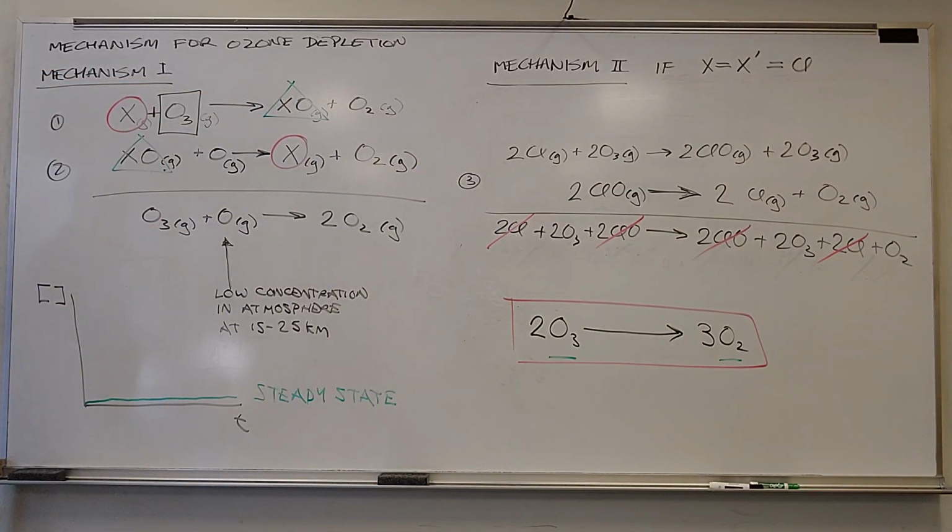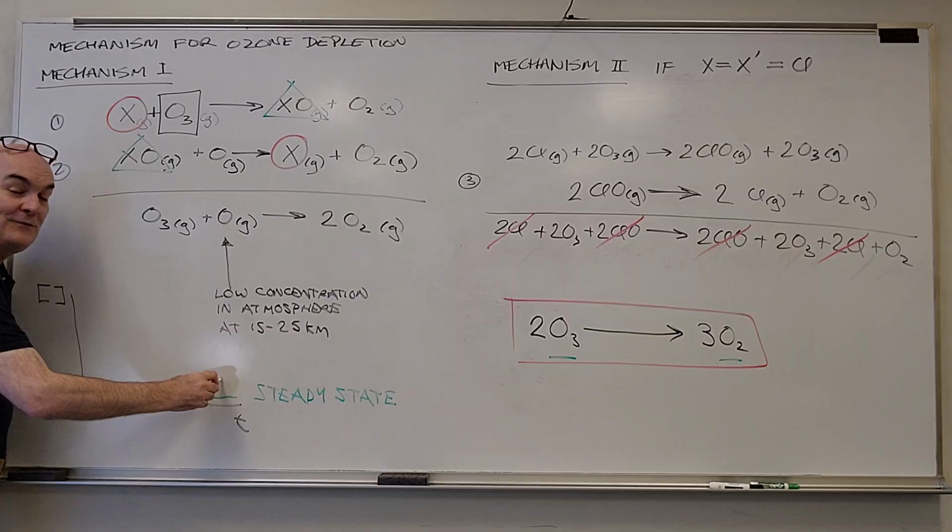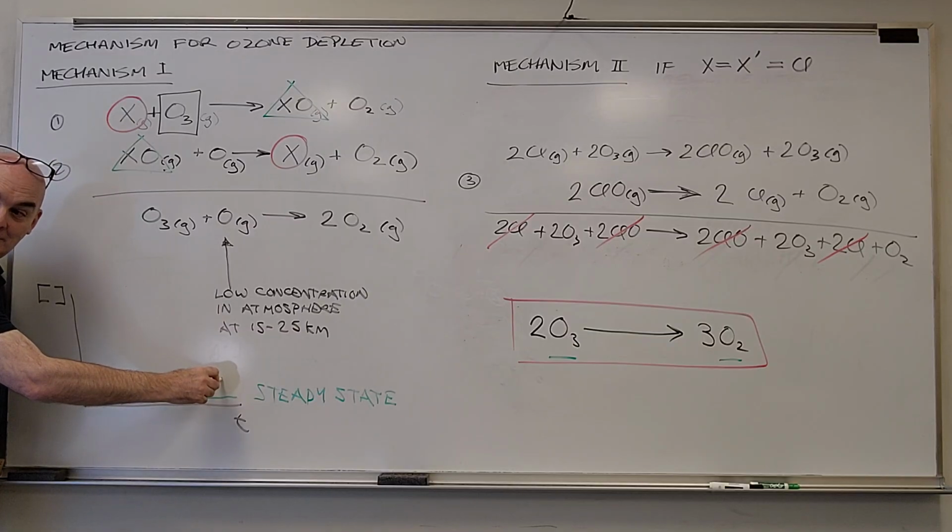What does the line for red look like? Maybe the opposite of the green one. It has to start somewhere. Let's put it here. For every one that you remove, you generate one.